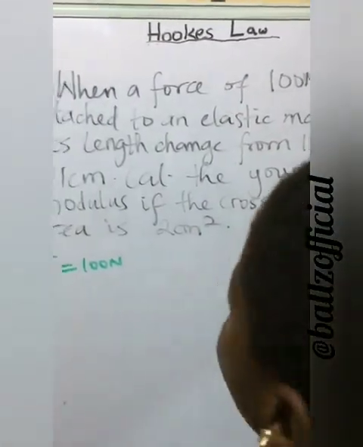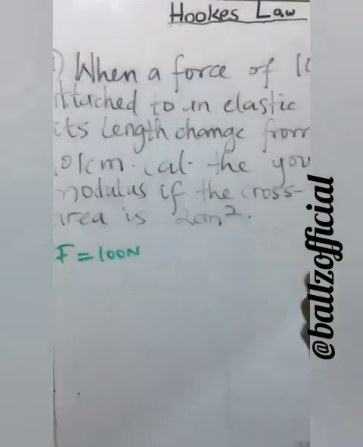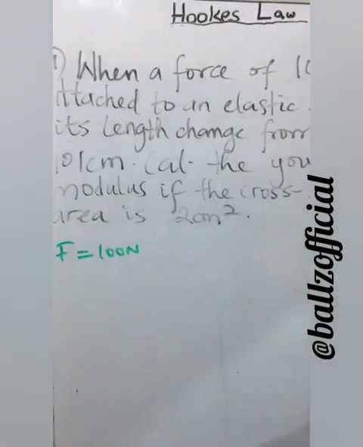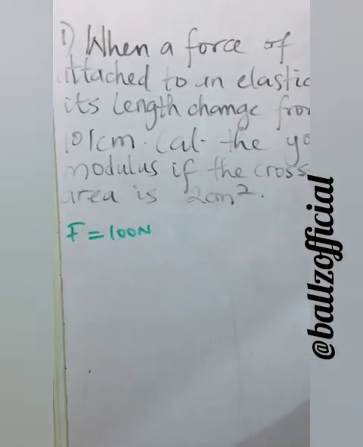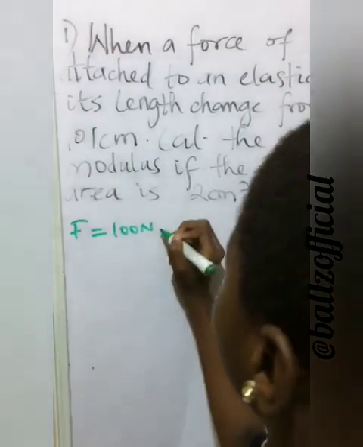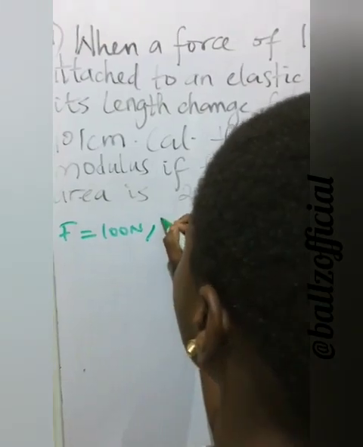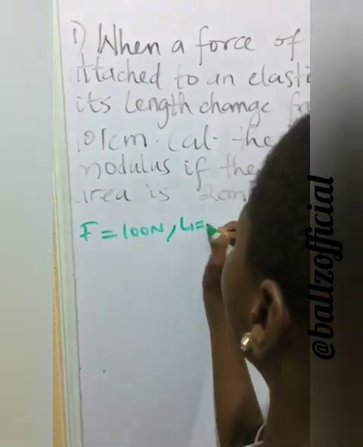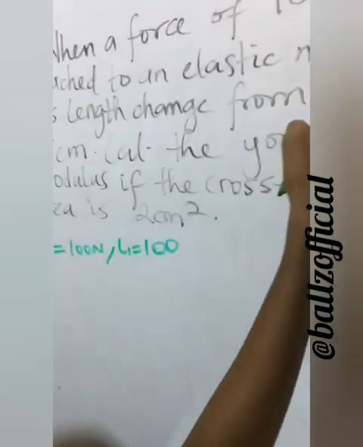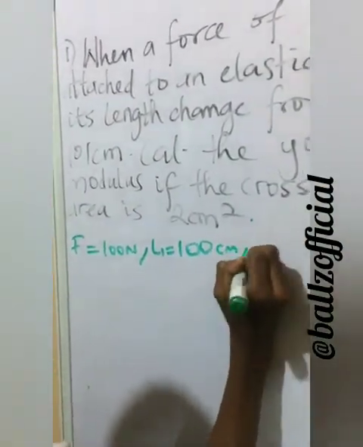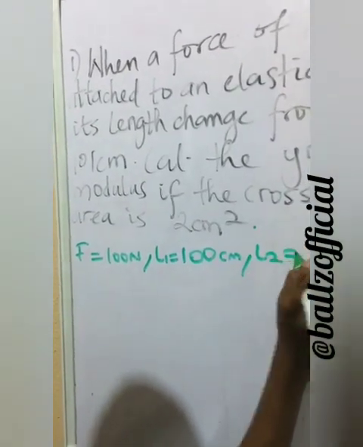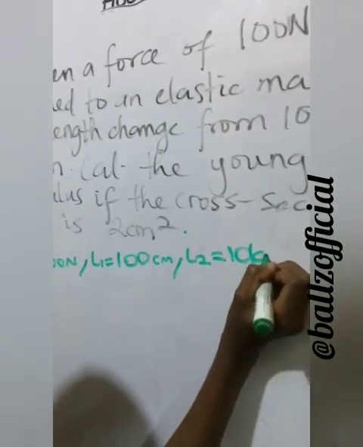You have to note that before there was any extension, that's from 100 to 101, this was the length. So since there are two lengths, we'll take L1 to be 100, where L1 is the initial length, which is the first length, 100 centimeters, and L2 is equal to 101 centimeters.